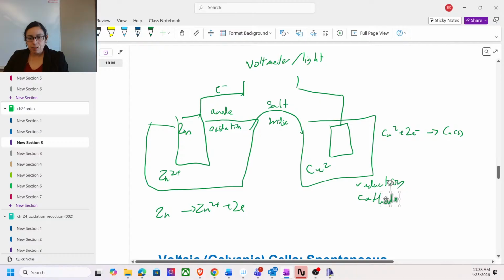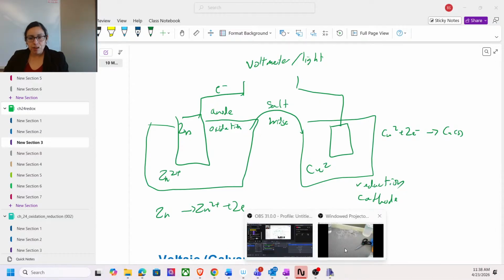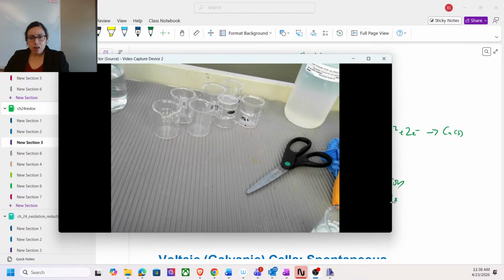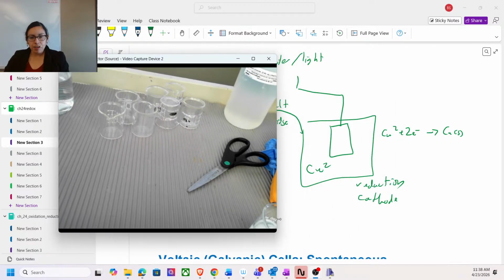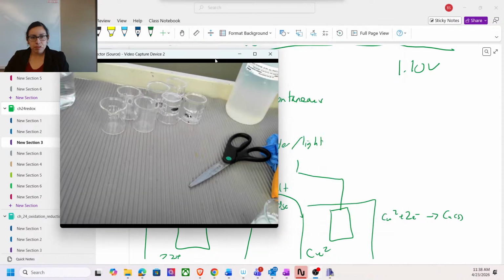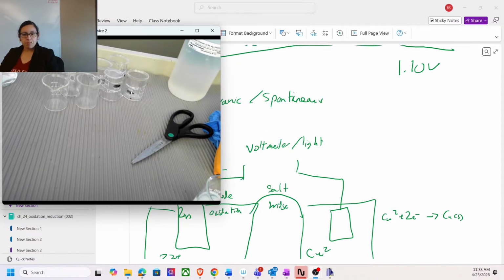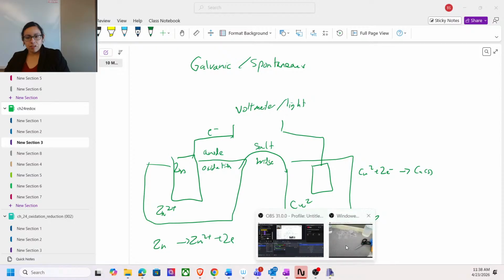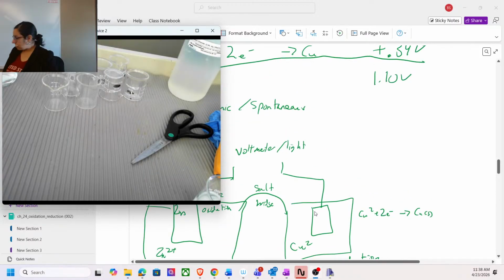Let's look at our cell so we could build this correctly, right? And so we'll just copy our design here. All right, so let's start that. So we have, right, one cell.